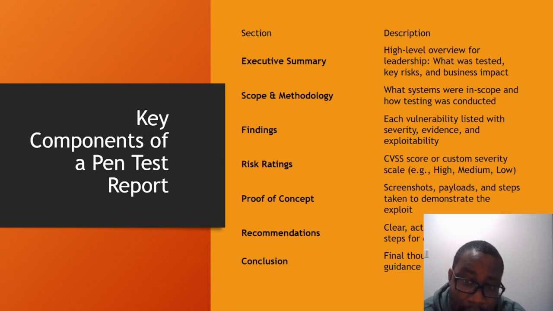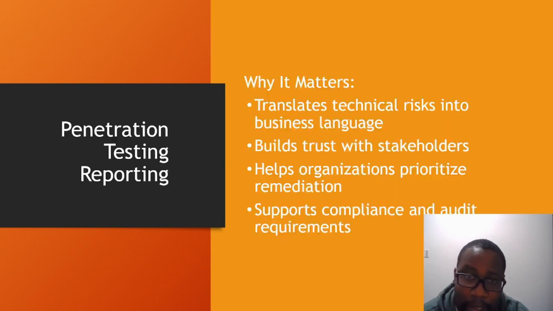Your risk ratings, CVSS score or custom severity scale. Your proof of concept, screenshots, payloads, and steps taken to demonstrate the exploit. Recommendations, clear actionable remediation steps for each issue. And your conclusion, your final thoughts and prioritization guidance.